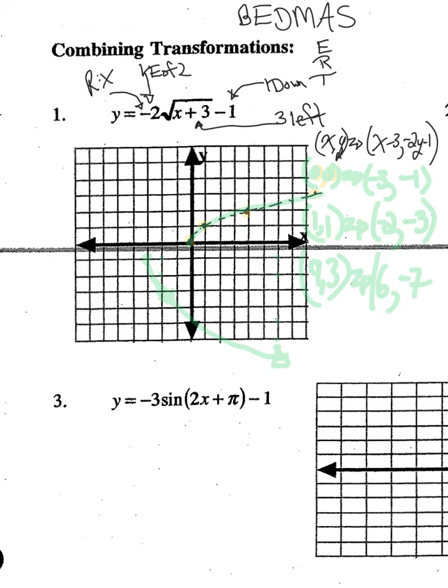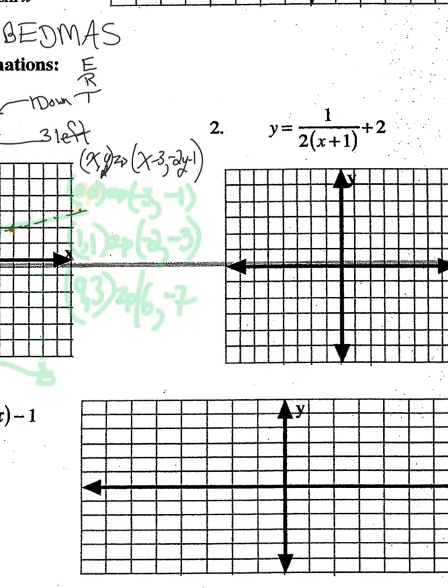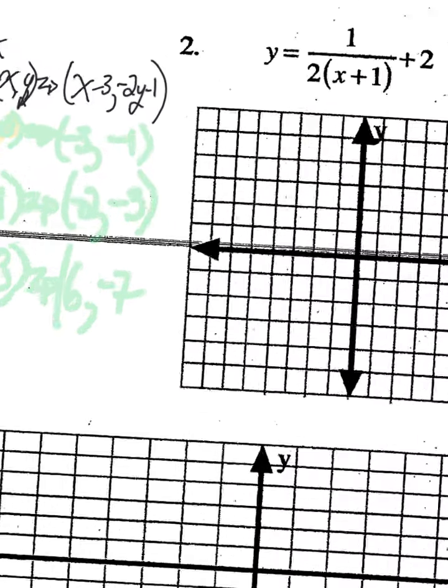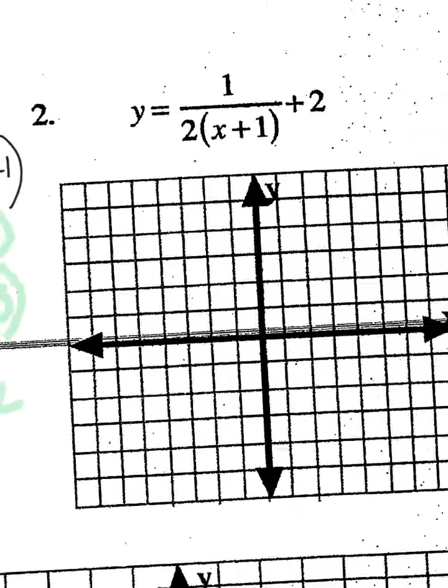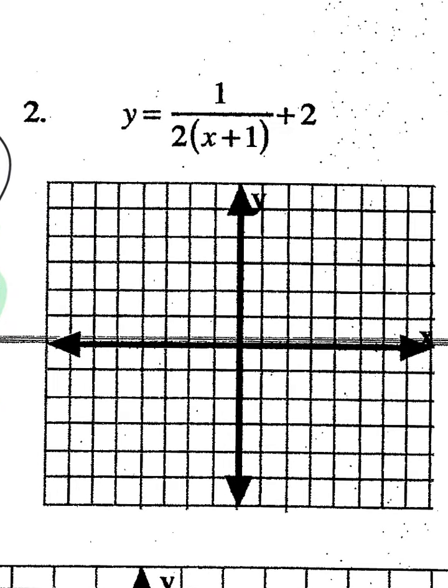So then let's see what happens with a rational function. Okay, so here's our rational function: 1 over 2, bracket x plus 1, and then plus 2. Remember what a rational function looks like. It has 2 branches to it.